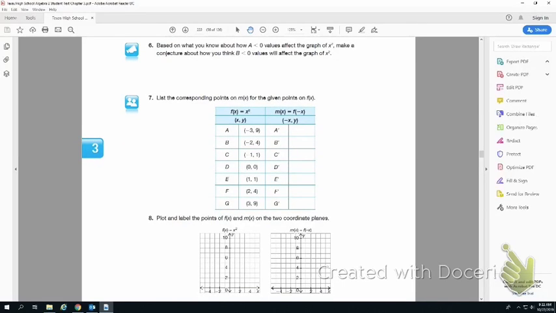So if B is negative, it's going to reflect across the y-axis. Then looking at the table, it already tells you what to do with the points from the parent function. You're just multiplying the x value by negative, so you're just changing its sign.